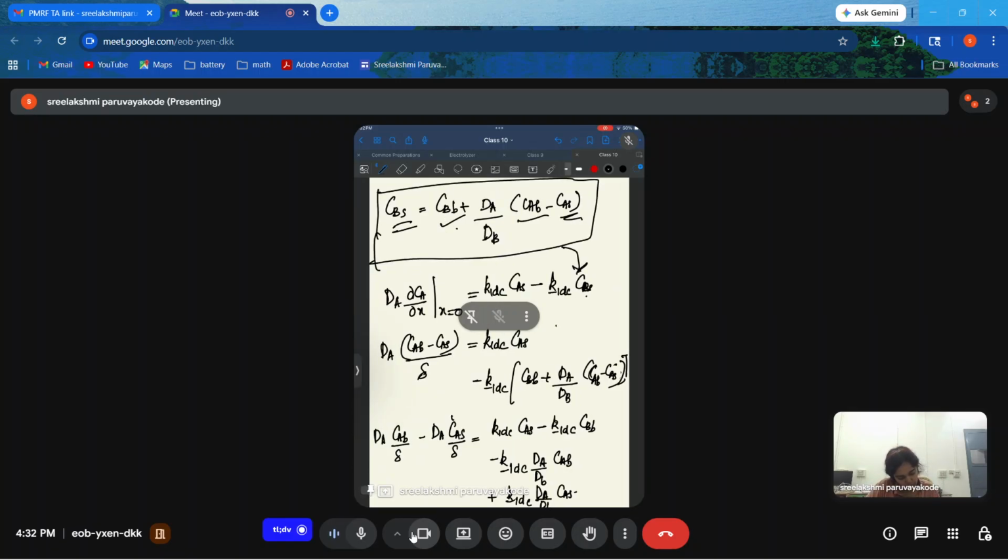Take all the terms with Cas on one side, other terms go on the other side. Then you will get something in common, it's dA. What you can do is first divide the entire term by dA, because dA comes here. You can divide it by dA by delta, and you'll also have a dB. You can take out the dB also.